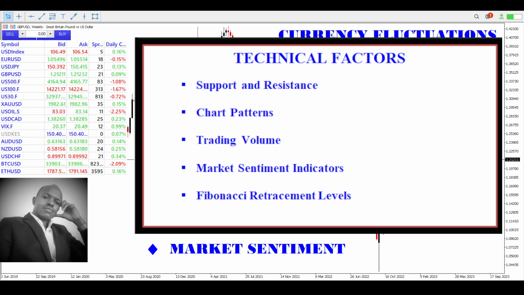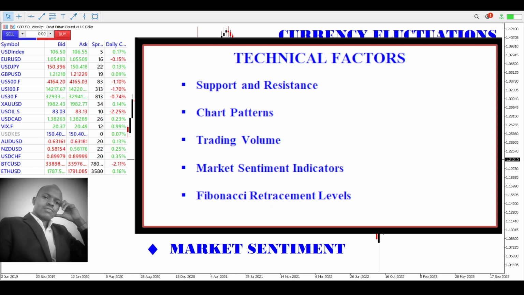So what we are saying is that there are various chart patterns, but some of the common ones are the ones that we have listed: the head and shoulders, double tops and bottoms, and then triangles, which technical traders will use to predict or to speculate the direction that the market may be taking once it hits such levels.